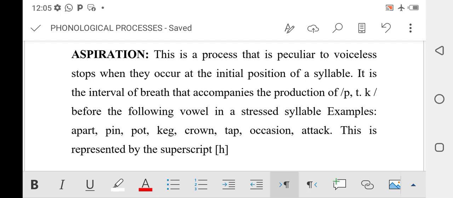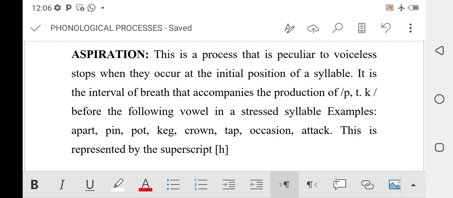Now we have apart. Apart is a disyllabic word, a and part. The syllable in that word that is stressed is called a stressed syllable. Monosyllabic words are usually stressed syllables. But for a disyllabic word, one of the syllables is stressed.